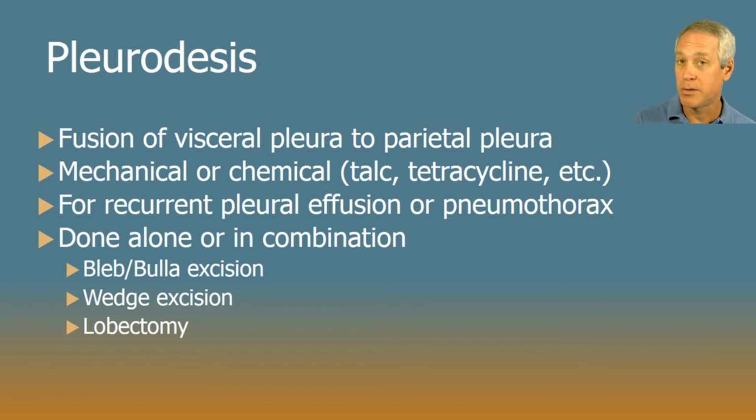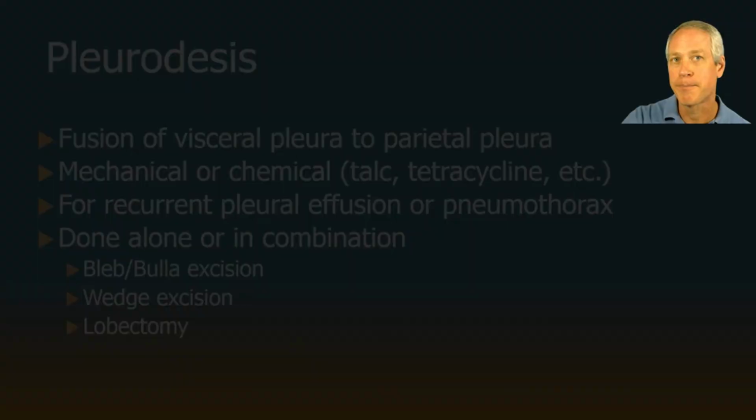So a surgeon may elect to remove the bulla, and for good measure, or in the presence of other smaller bullae or blebs elsewhere in the lung that don't require resection or excision, do the pleurodesis. A wedge resection or lobectomy as well. Same idea, removal of the offending lesion and then obliterate the pleural space so that nothing else can accumulate there.